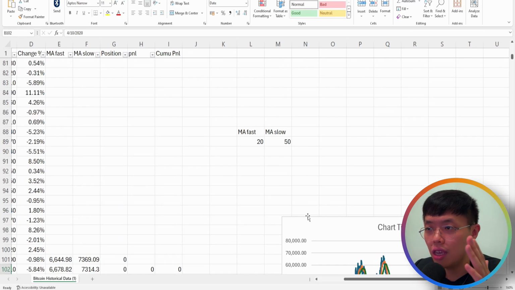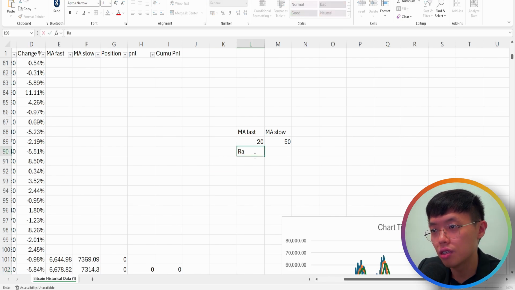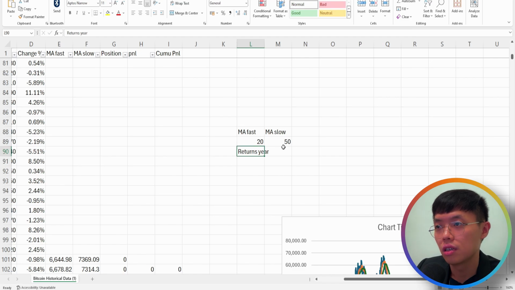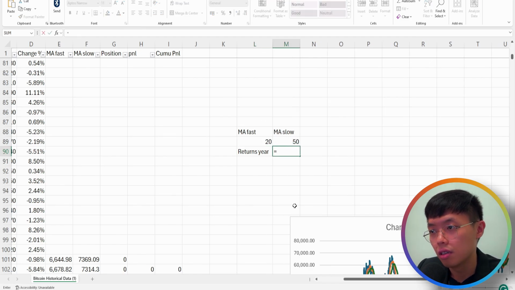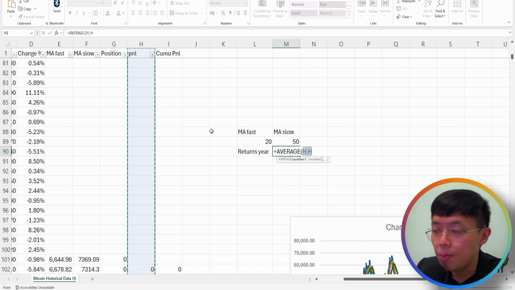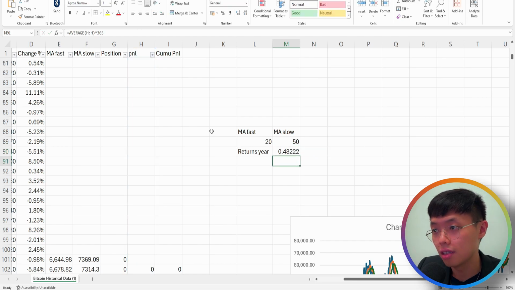So can we improve it or not? Yes, we can. So we're going to calculate returns per year. The returns per year is actually just the average of P&L. Since we are at daily P&L, we need to times 365 to annualize it.